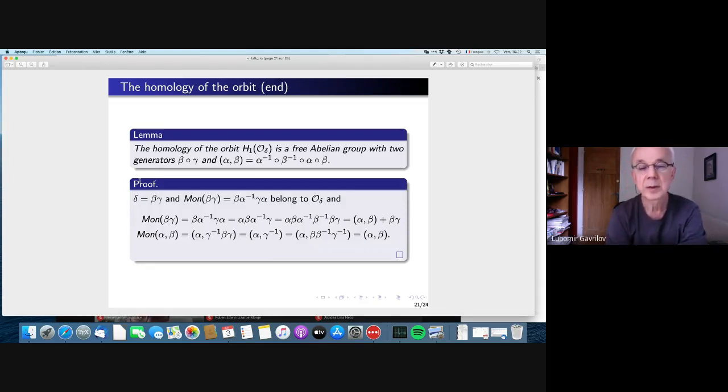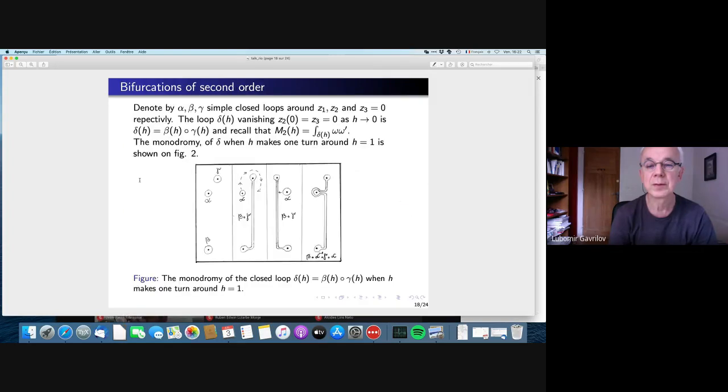So this is some element of proof which contains, in fact a little bit hidden, the Picard-Lefschetz formula for such loops. In fact, here in this picture we can see the Picard-Lefschetz formula. So we have some loop beta gamma and you have alpha, which makes one turn around one puncture.